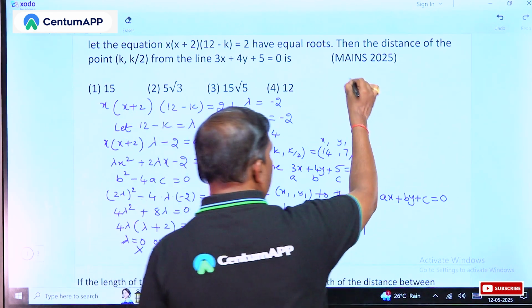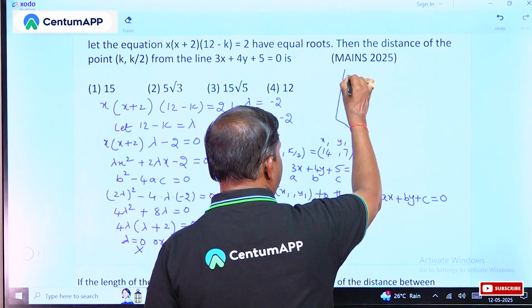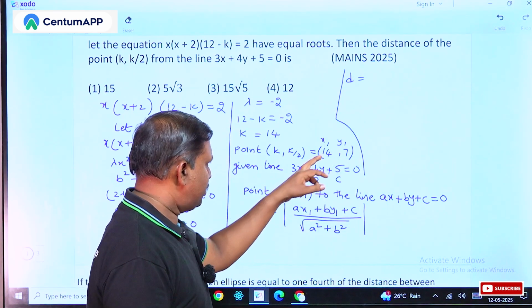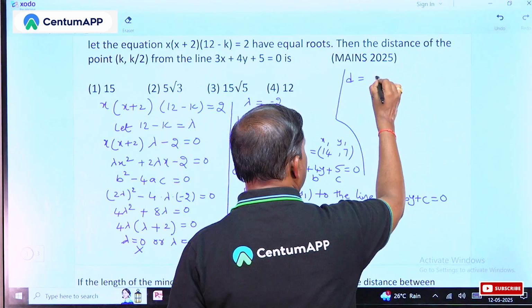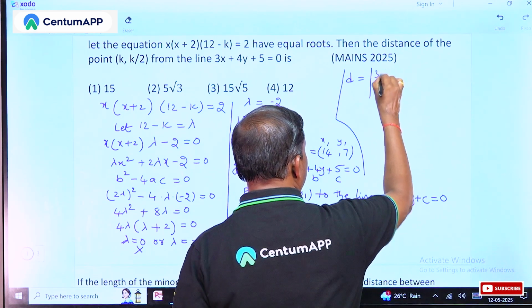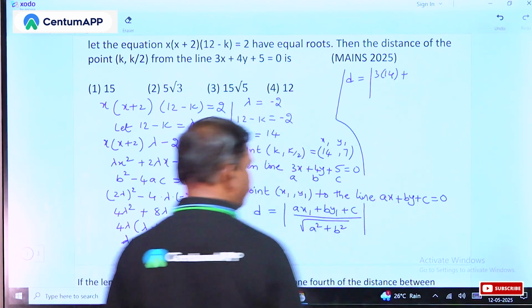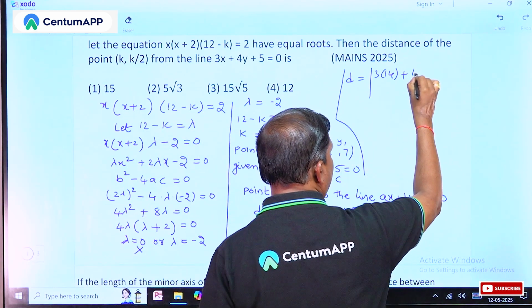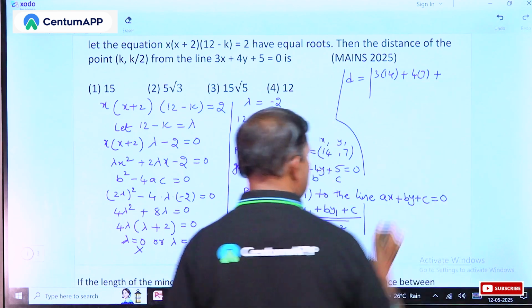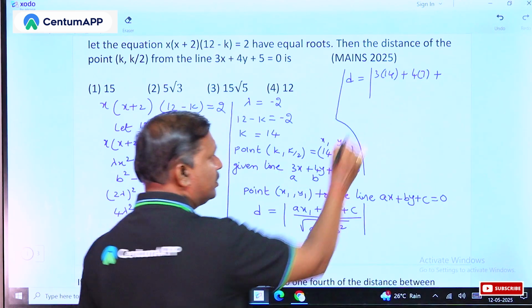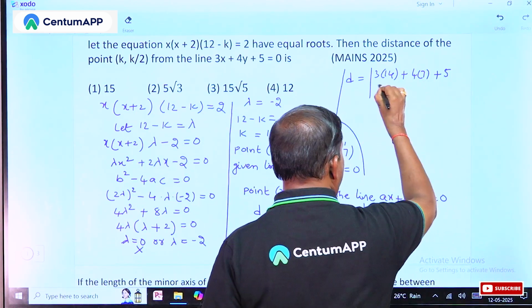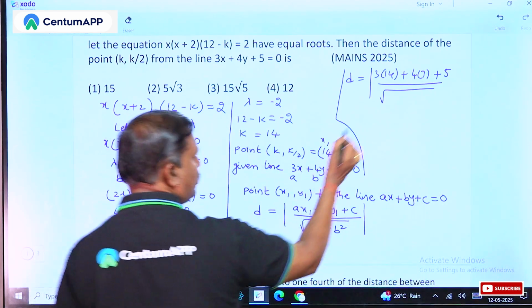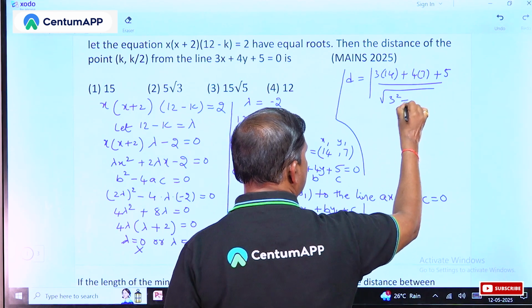Substitute in that formula, we get d is equal to modulus of 3 into 14 plus 4 into 7 plus 5 by square root of 3 square plus 4 square.